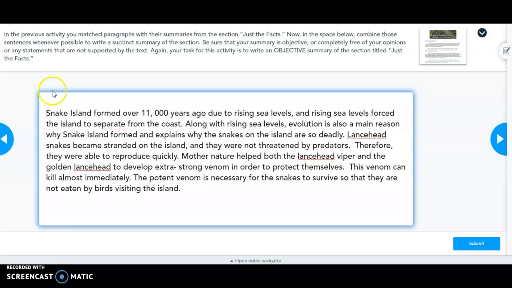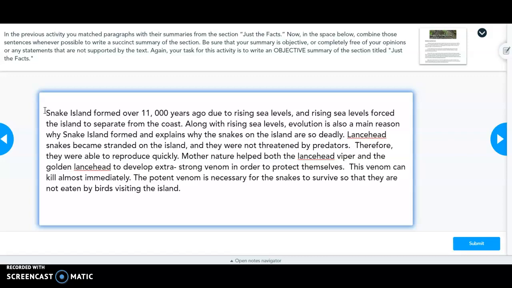It states, Snake Island formed over 11,000 years ago due to rising sea levels, and rising sea levels forced the island to separate from the coast. Along with rising sea levels, evolution is also a main reason why Snake Island formed and explains why the snakes on the island are so deadly. Lancehead snakes became stranded on the island and they were not threatened by predators.